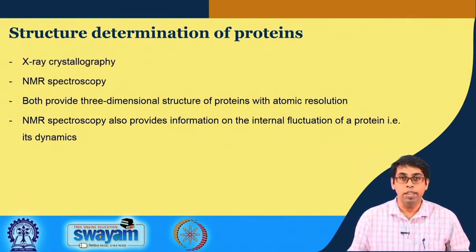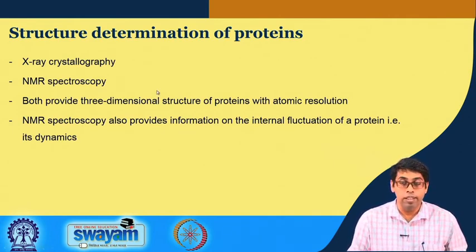If you want to determine structure in high resolution, then there are two experiments. One is X-ray crystallography and the other one is NMR spectroscopy. Both these experiments need a lot of expertise and take a lot of time, but they provide you the three-dimensional structure of the proteins with atomic resolution.